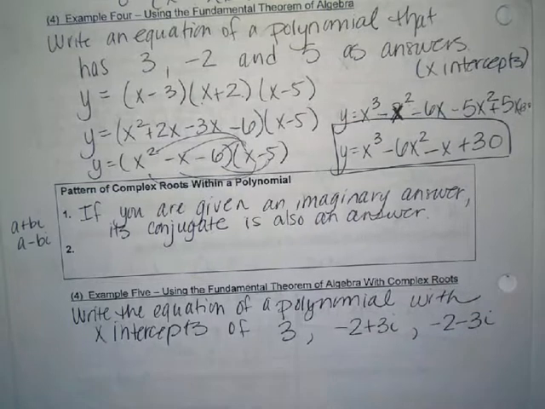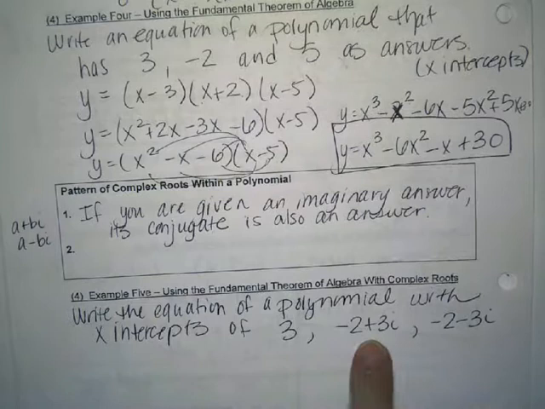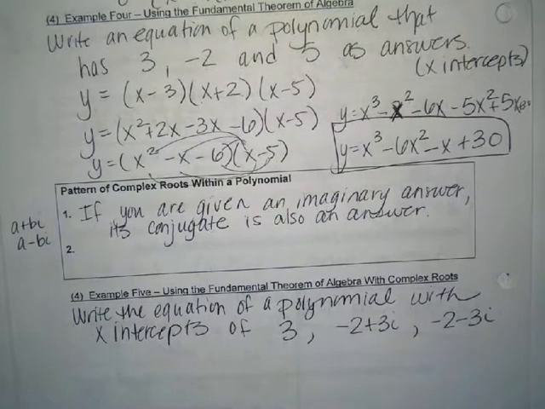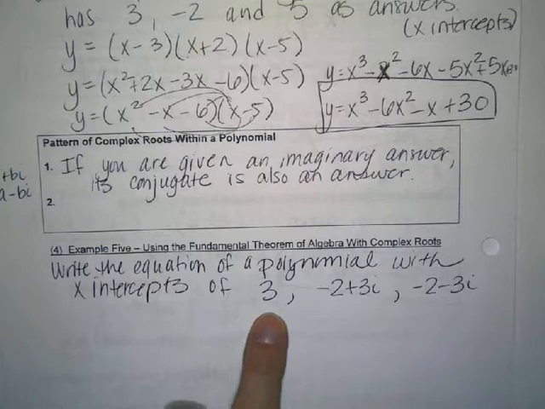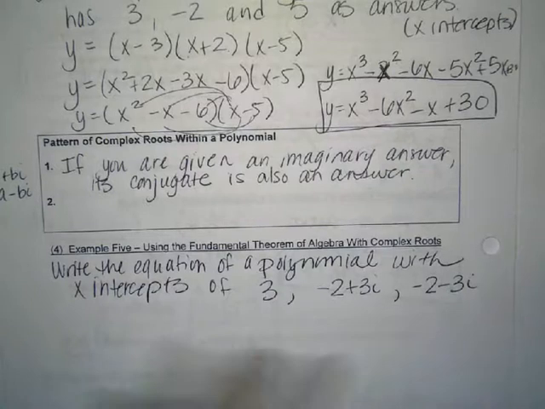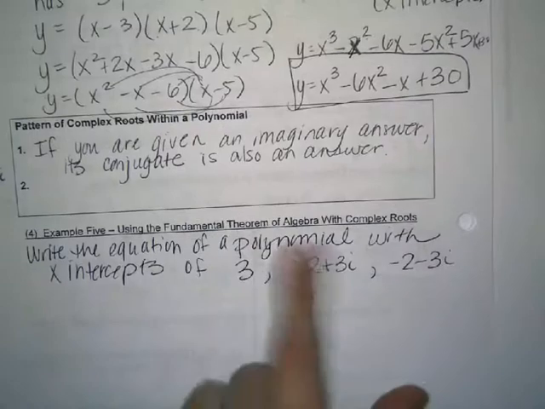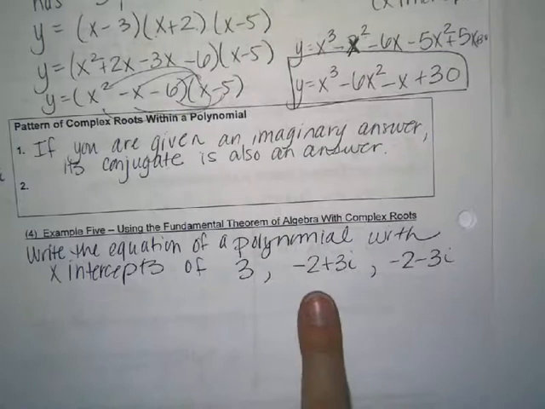Okay, so we have 2 complex answers because you have imaginary numbers, and then a regular number. Now, if we set this up the same way we did up here, it would look super, super complicated because you have like 2 parts to one answer.